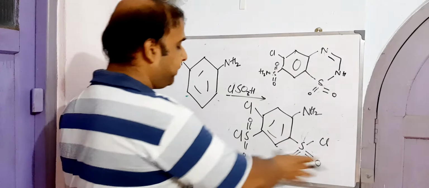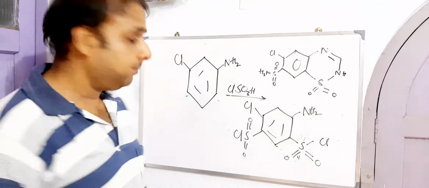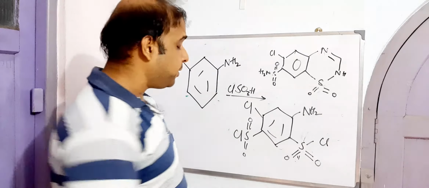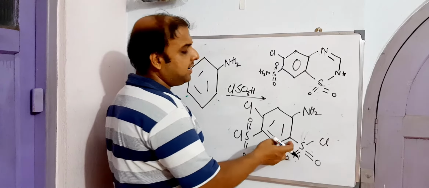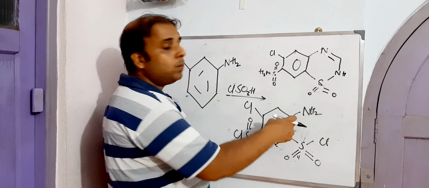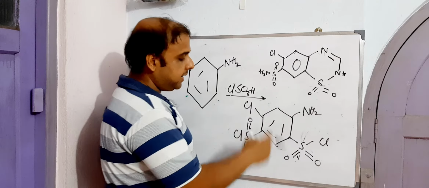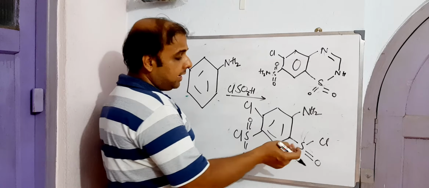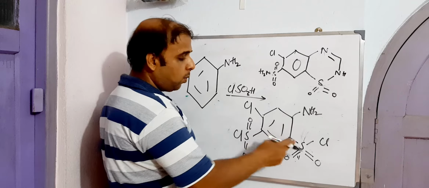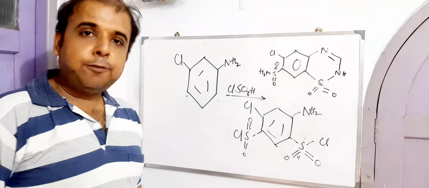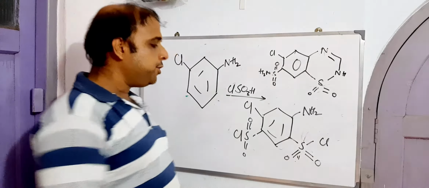So we have disulfonyl chloride. If we start numbering from here, 1, 2, where 2 is holding an amino, 3, 4, where 4 is holding a chloro, in alphabetical order, right? And then what is left? Benzene, then 1,5-disulfonyl chloride. So this is the first intermediate that we got.